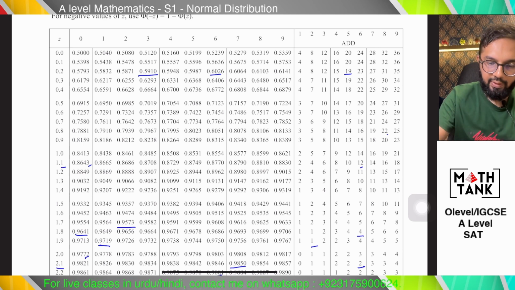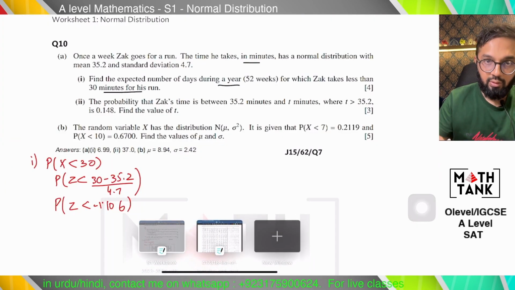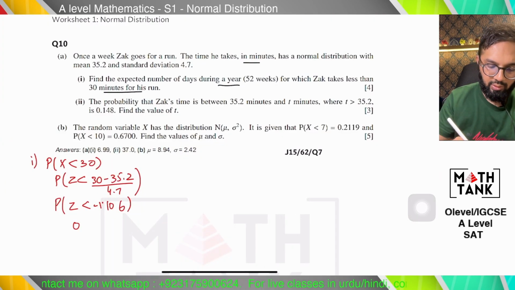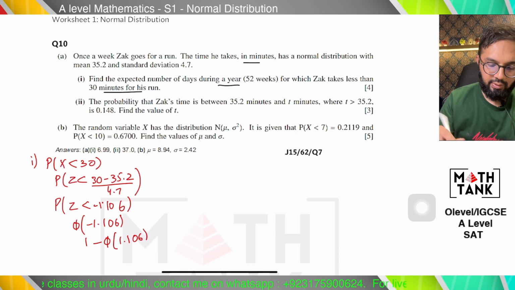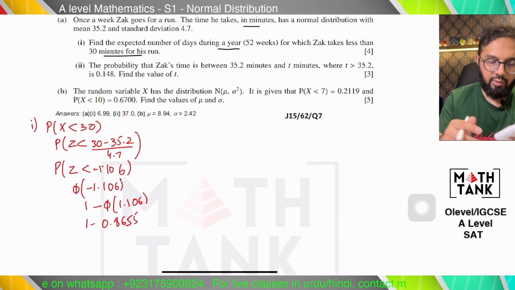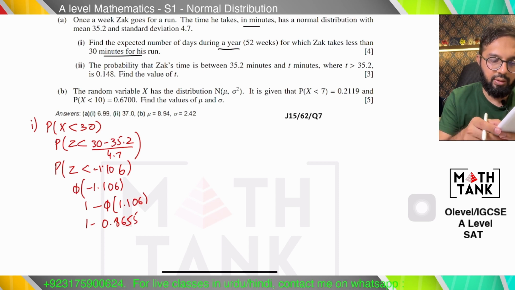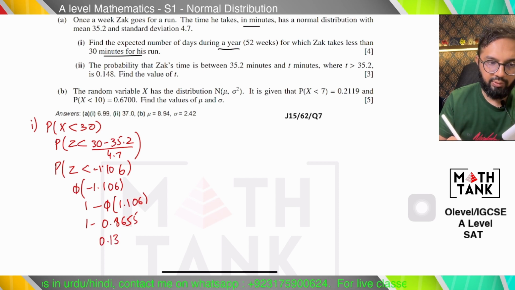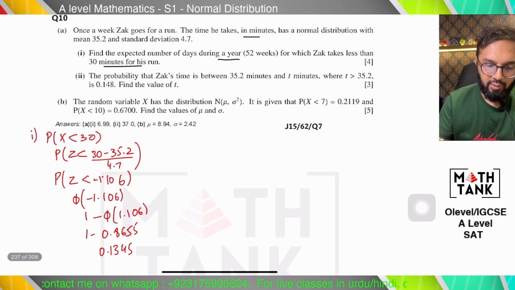Eight six five five. Okay, so phi of this is 0.8655. So 1 minus 0.8655 gives me 0.1345. There's once a week Zach goes for a run.